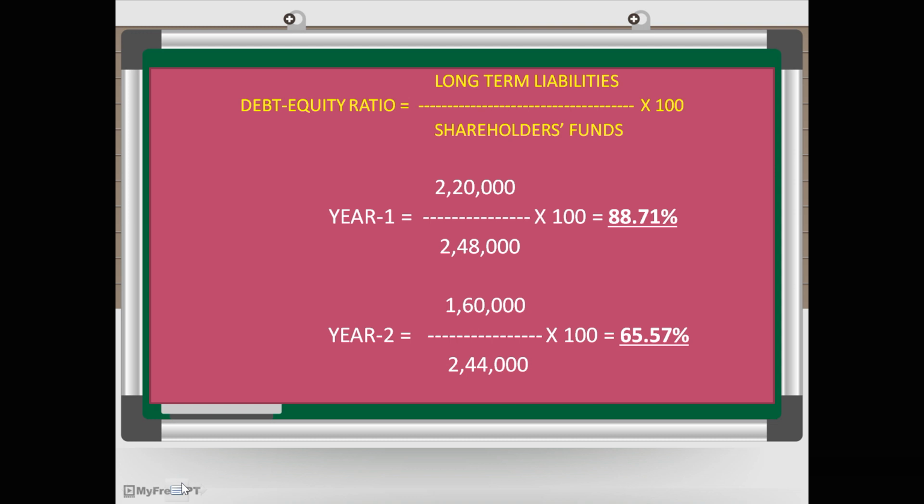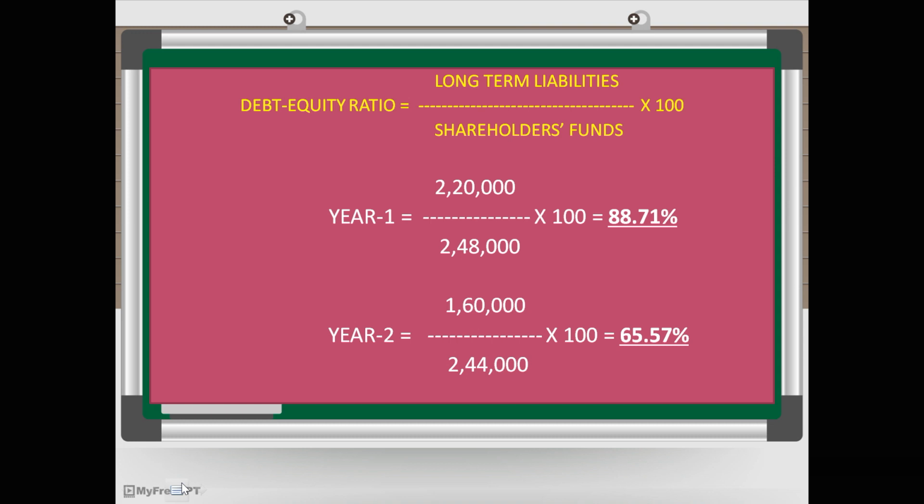For the second year, 1,60,000 divided by 2,44,000 multiplied by 100, and that gives us 65.57%.